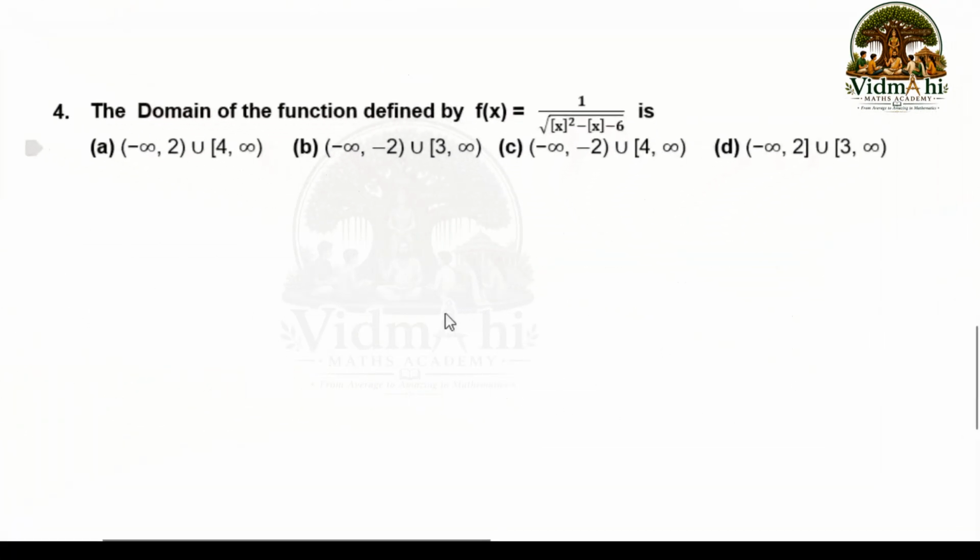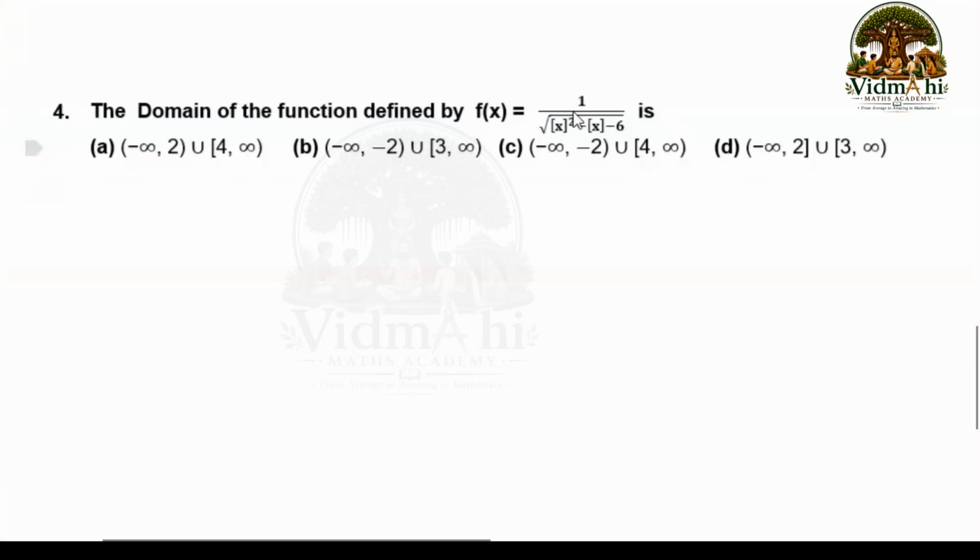The next most important question is the domain of the function defined by f of x is equal to 1 by root of greatest integer of x whole square minus greatest integer of x minus 6. First thing, we should identify the rule of the function.